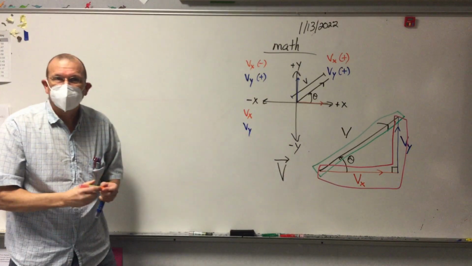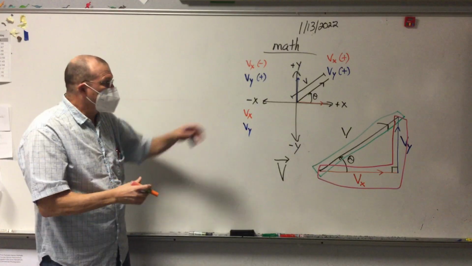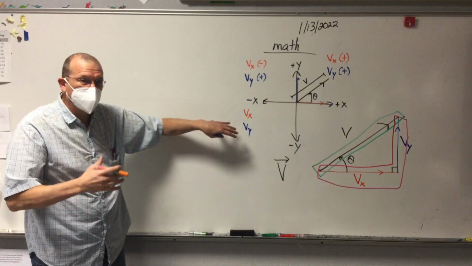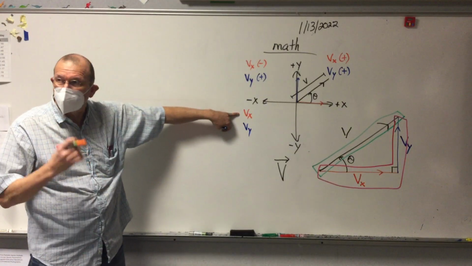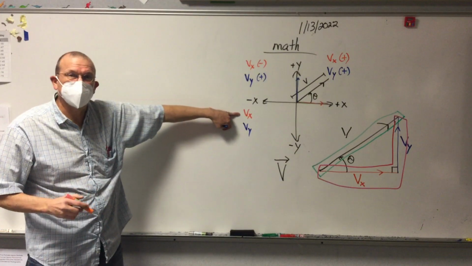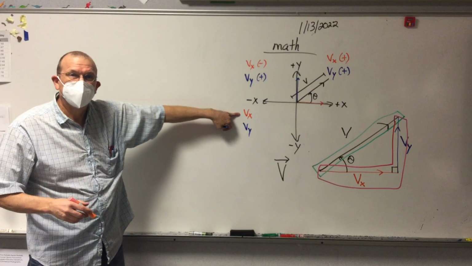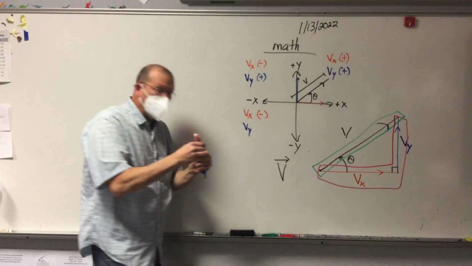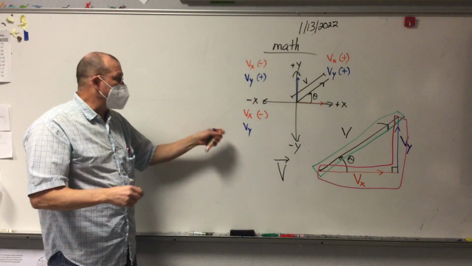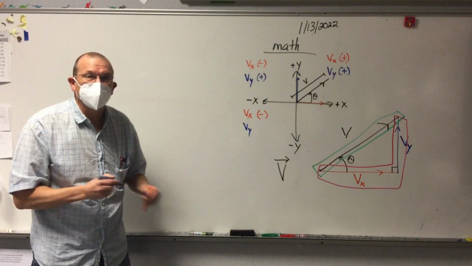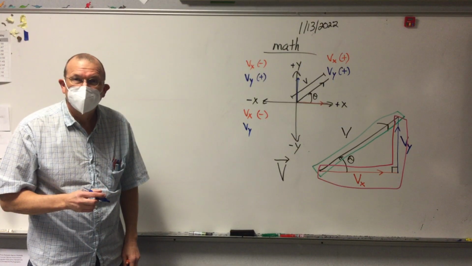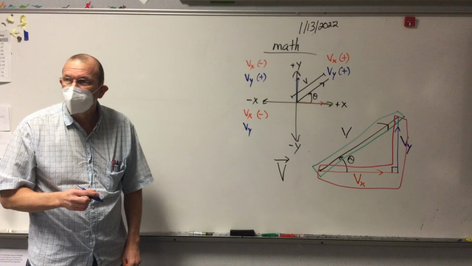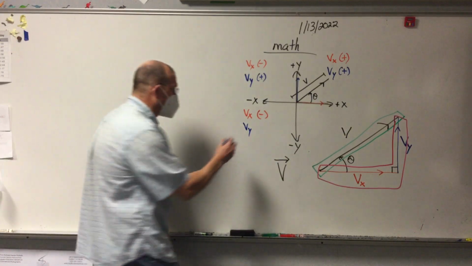Third quadrant. When you go to calculate a horizontal component for a third quadrant vector, what sign should it have? It should be negative because you have to go left, and then what would the sign be for the Vy? Also negative.